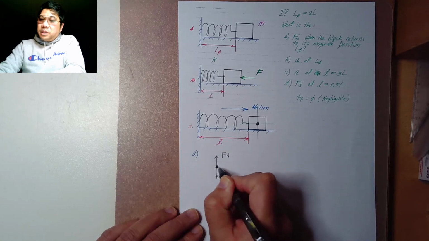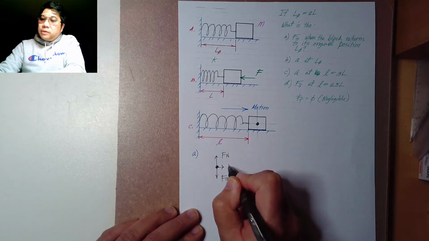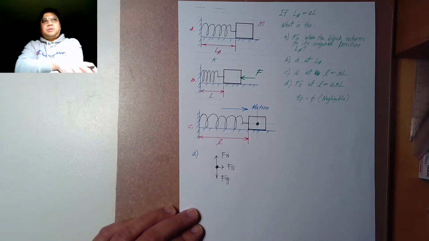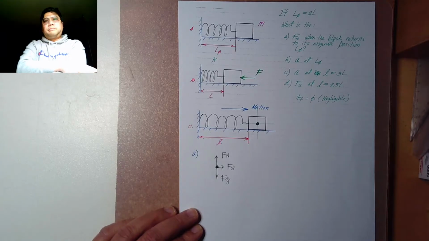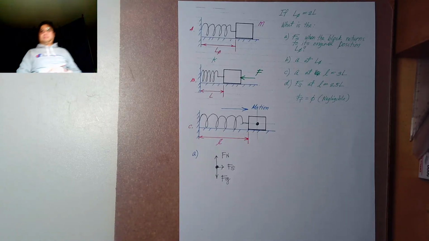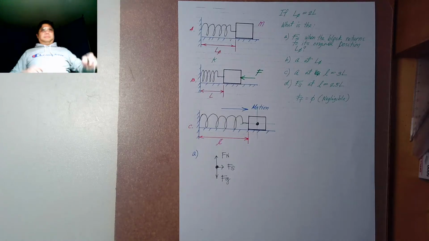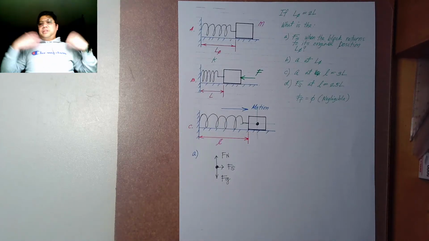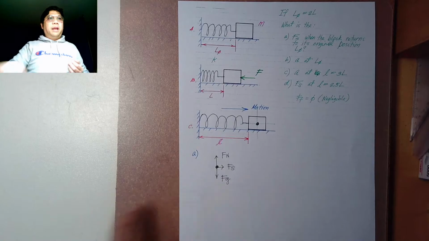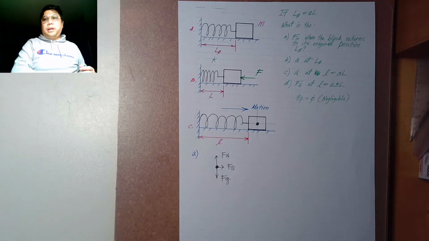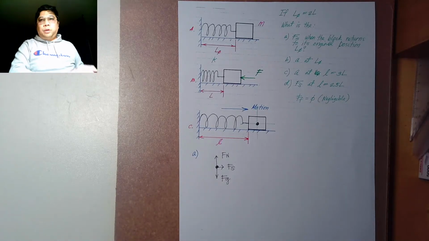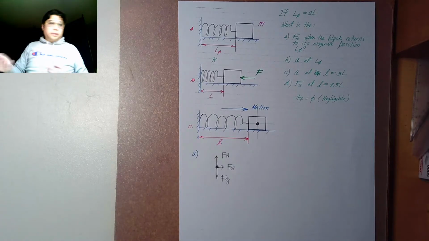What do you think is the force of the spring? Let me just draw it here like this. Since there's no friction, we don't have friction going against the spring force along the horizontal axis.